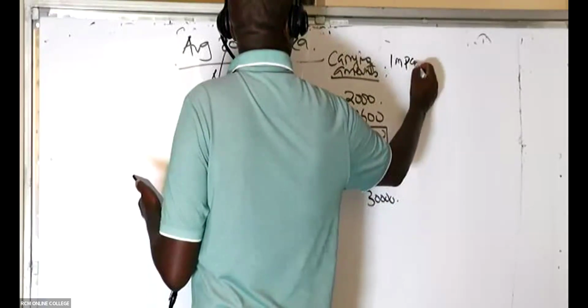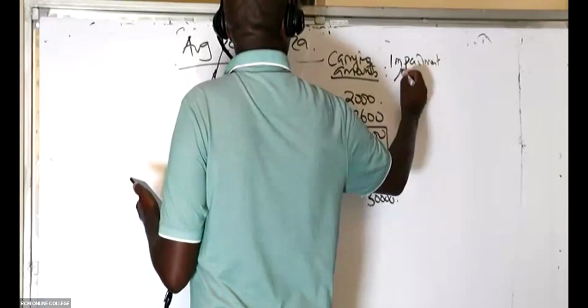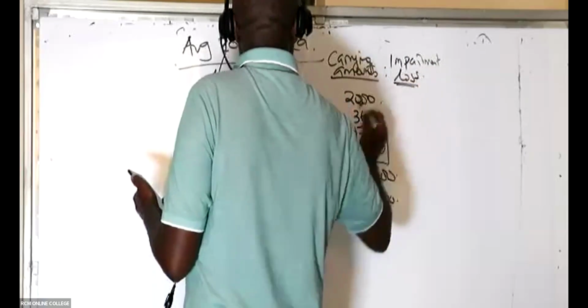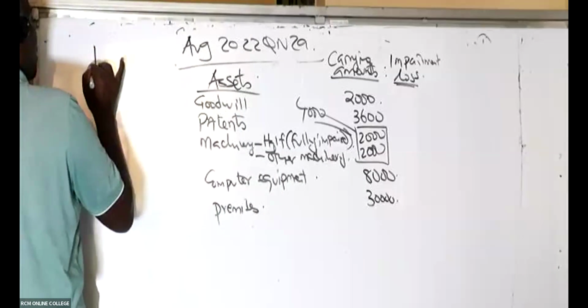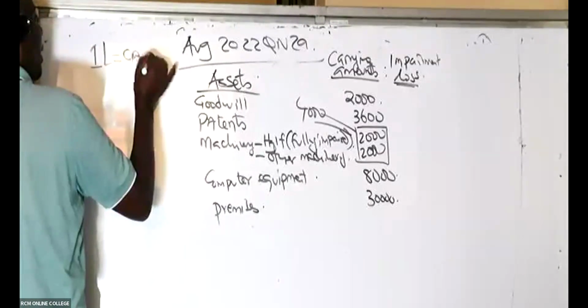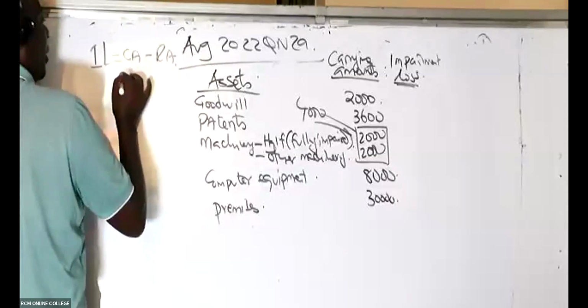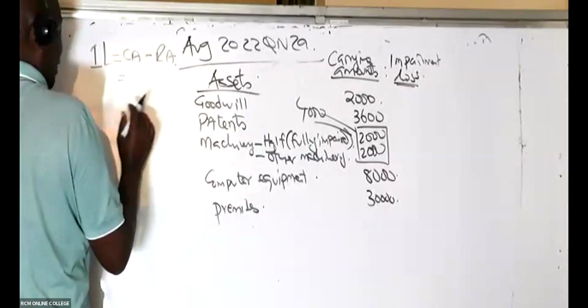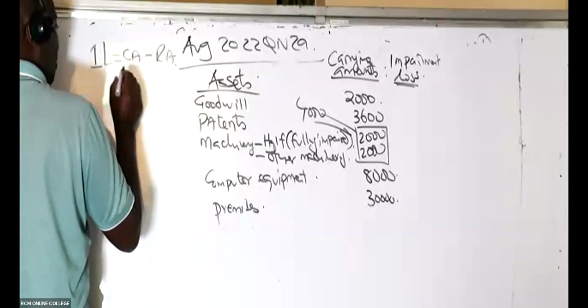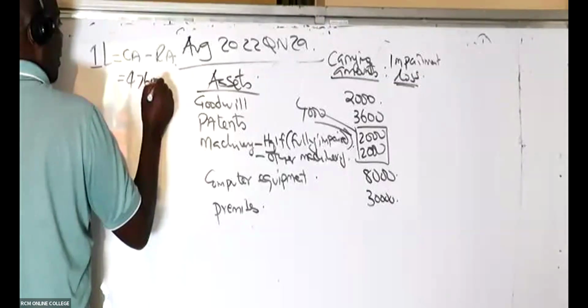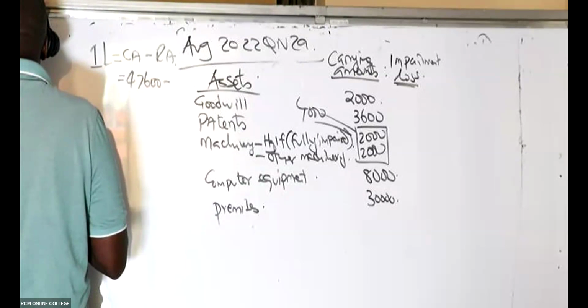So give me the impairment loss column. But first of all, calculate it. Is there somebody who can remember how we calculate impairment loss? IL is CAR minus RAR. The carrying amount is this total figure of 47,600, minus the RAR.